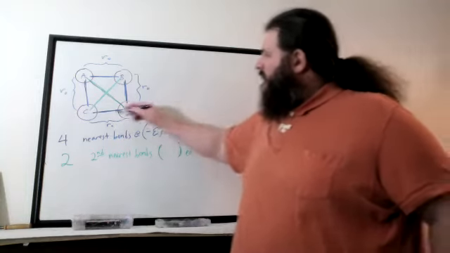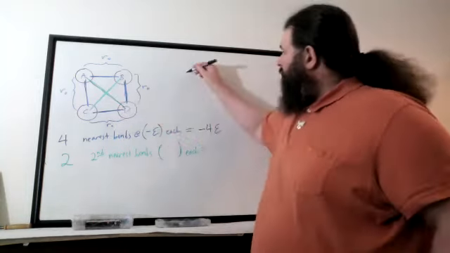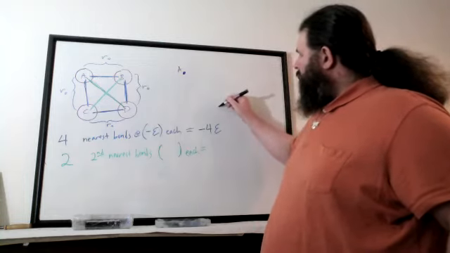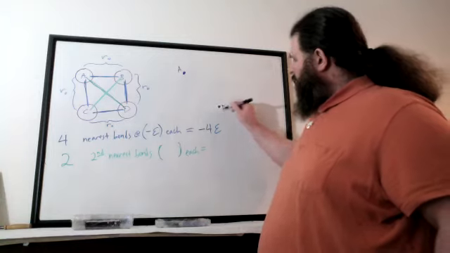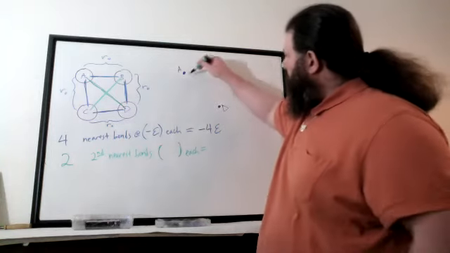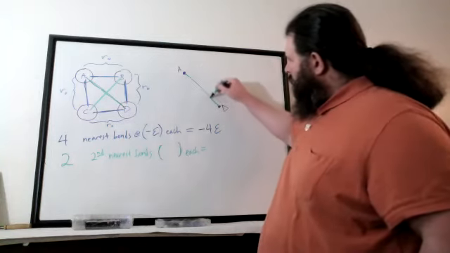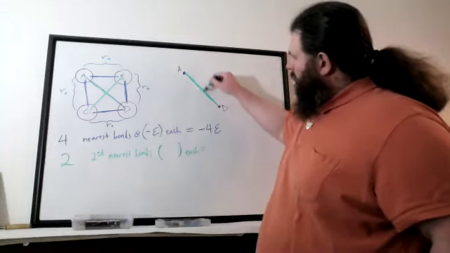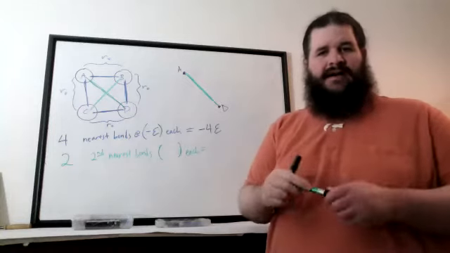Let's say we specifically look for the distance from A to D. So we want to know this distance. And we want to be able to compare that to distances we already know.